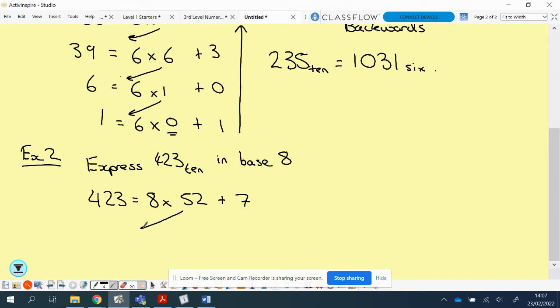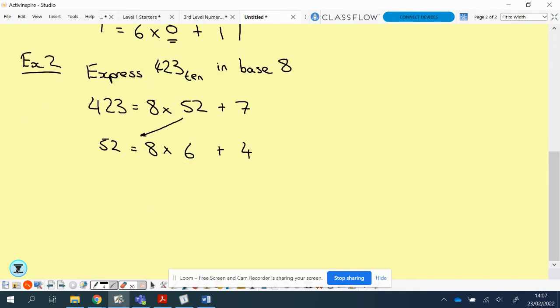Bring that 52 across. How many 8s can we fit into 52? We can fit 6 lots of 8 into 52, plus a remainder 4. Then we bring that 6 across.